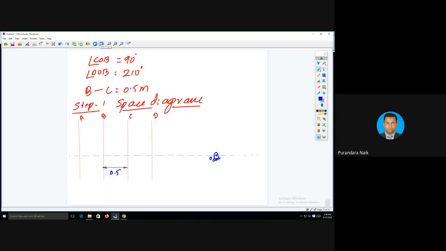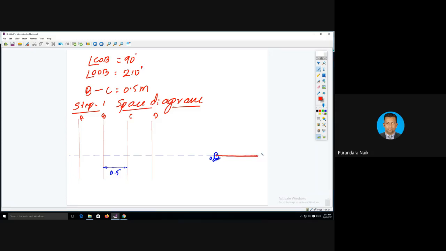Both COB and DOB are measured from mass B. That's why B is a reference mass. Let us draw B along the positive x-axis because we have considered this mass as the reference mass.